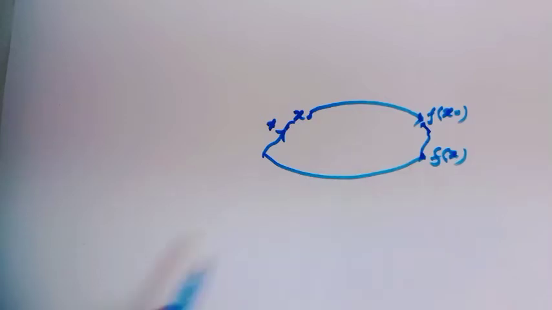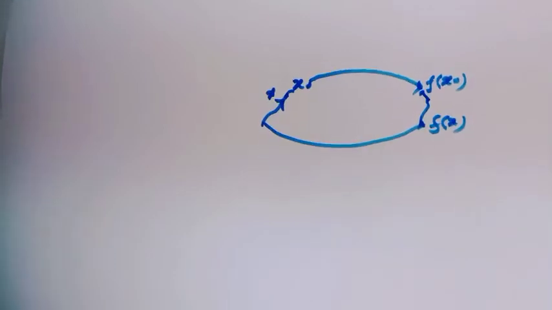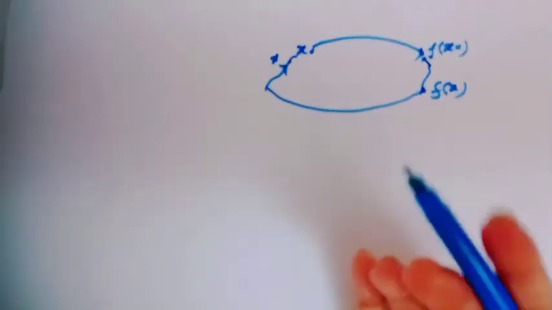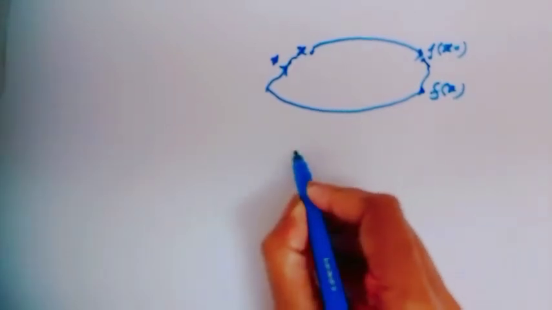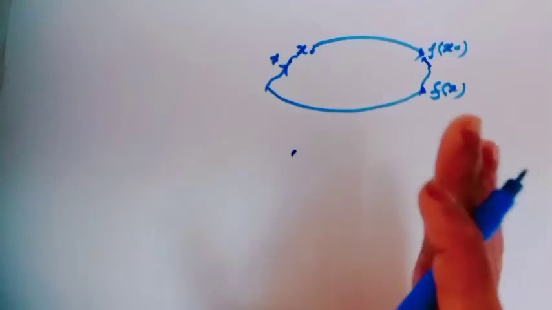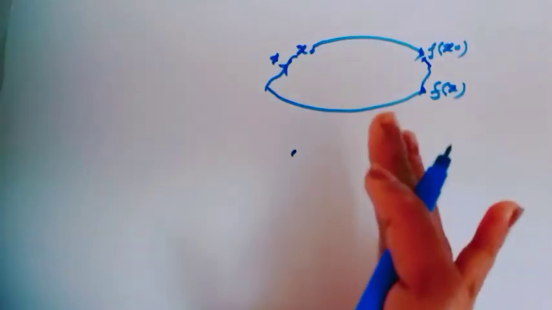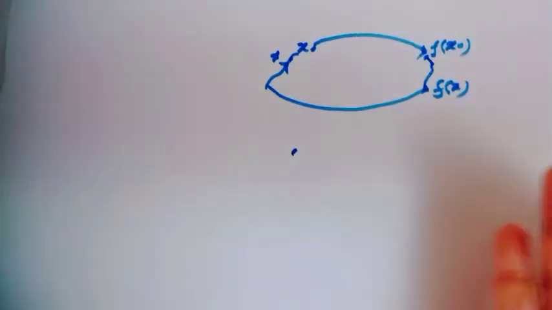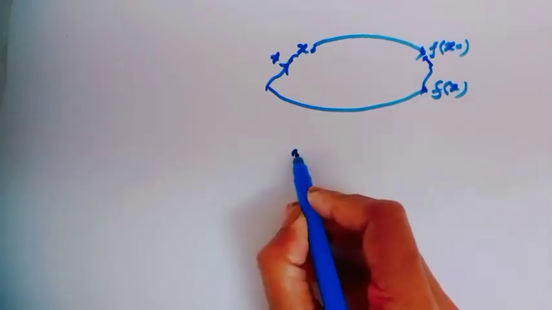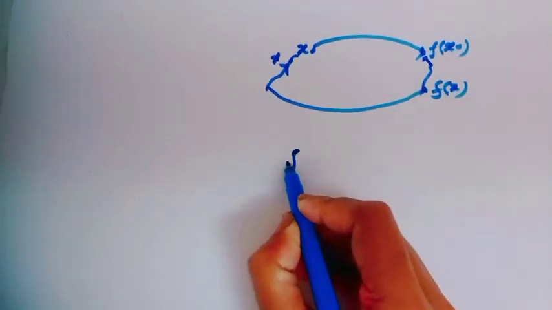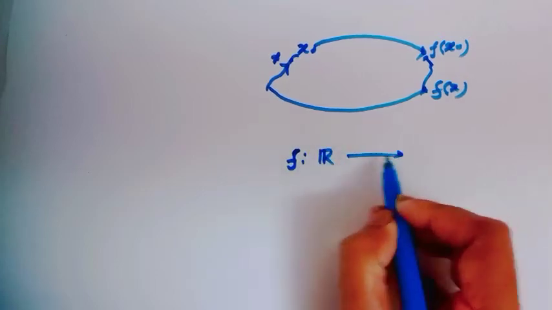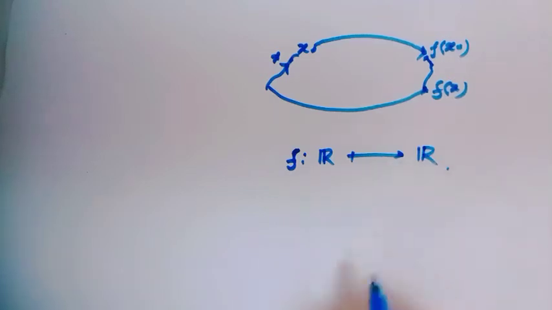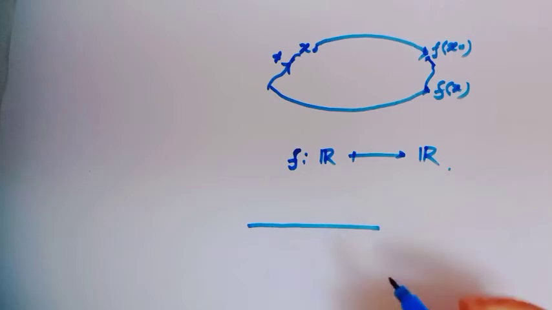Let's see one more thing about continuity. I have discussed only one variable, then I will discuss more than one variable. Since this is for one variable, let's consider the function f from R to R. This is the real line.